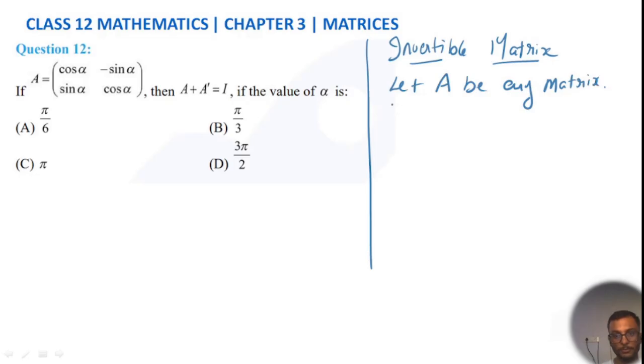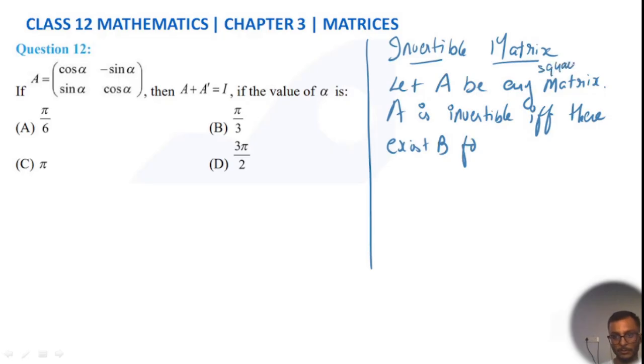then we know that A is invertible if and only if there exists some matrix B, for which first of all A should be a square matrix. Let A be a square matrix.